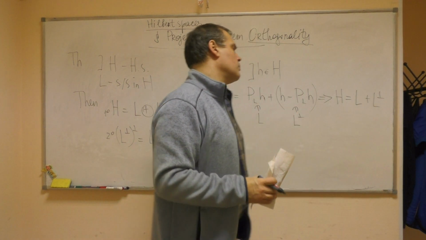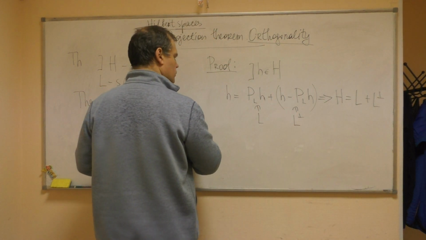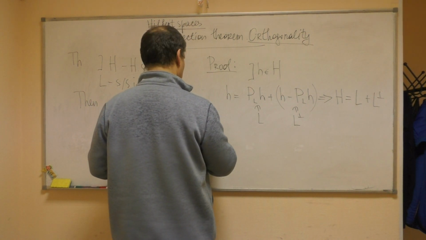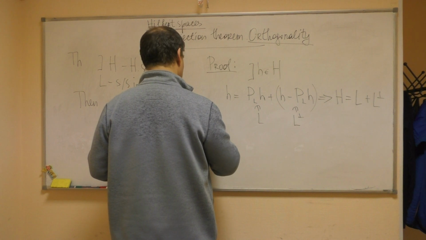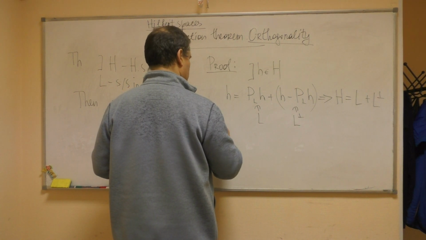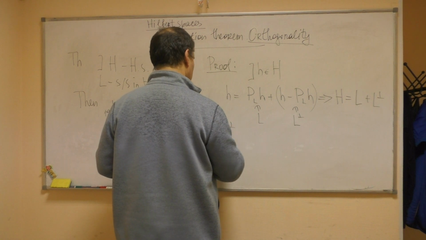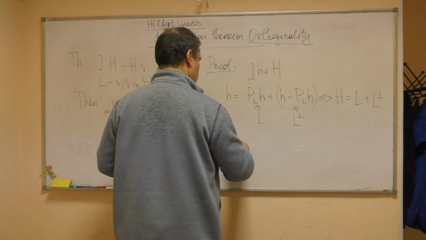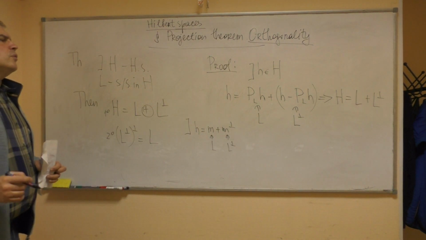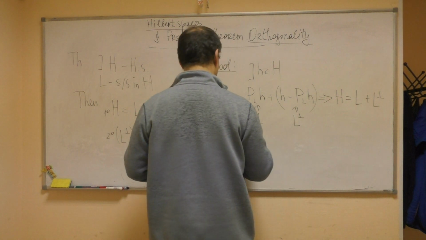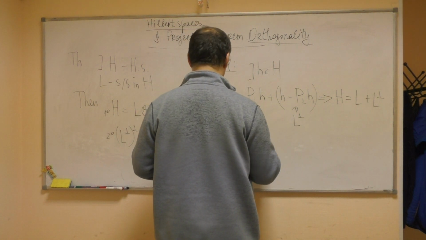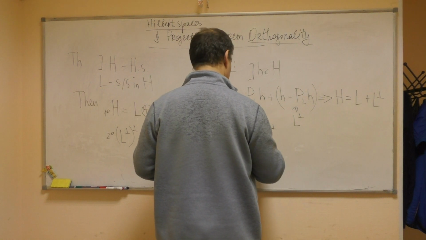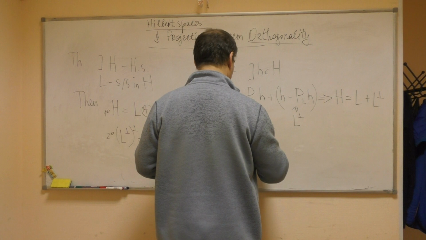Let's prove that this sum is direct. Let us assume that we have two representations. So H can be presented as M plus M orthogonal, one from L, another from the orthogonal complement, and also it can be represented as a sum of two other elements, L and L orthogonal.